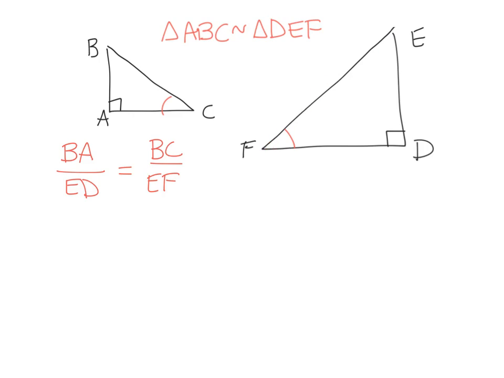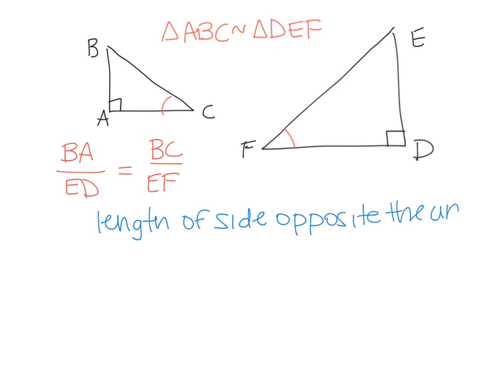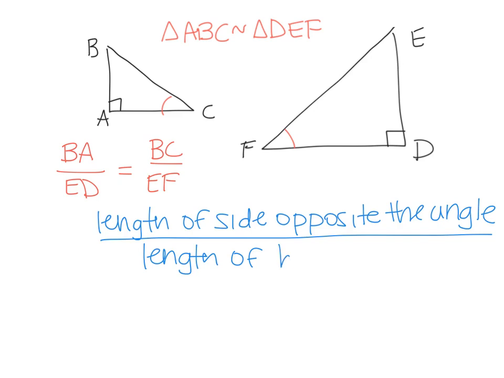So in words, what I've just written is the length of the side opposite the angle over the length of the hypotenuse. So what I've just done here is I've actually told you how to find the sine of an angle.